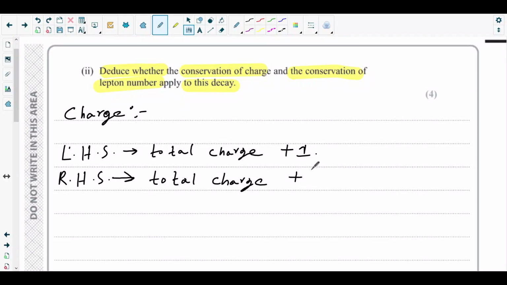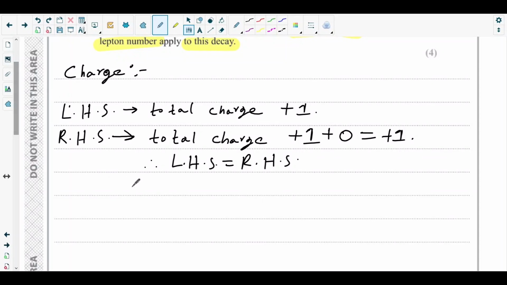The pion plus particle has charge +1, and neutron has charge 0, neutral, equals +1. So left hand side equals right hand side. Hence charge is conserved in the decay.